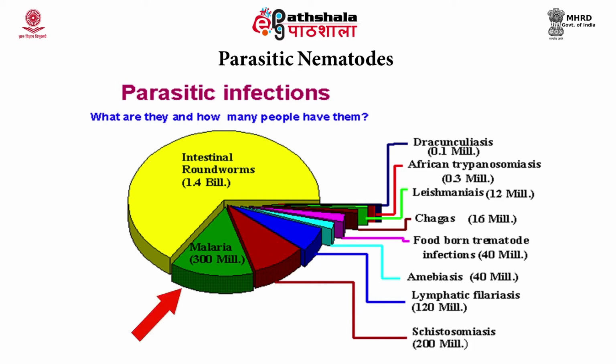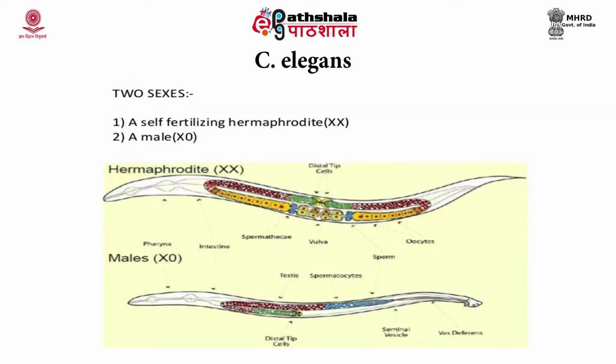Around 300 million of the population is affected by malaria, and the other parasitic infections which are also causing great extent of harm include dracunculiasis, African trypanosomiasis, leishmaniasis, Chagas disease, foodborne trematode infections, amoebiasis, lymphatic filariasis and schistosomiasis.